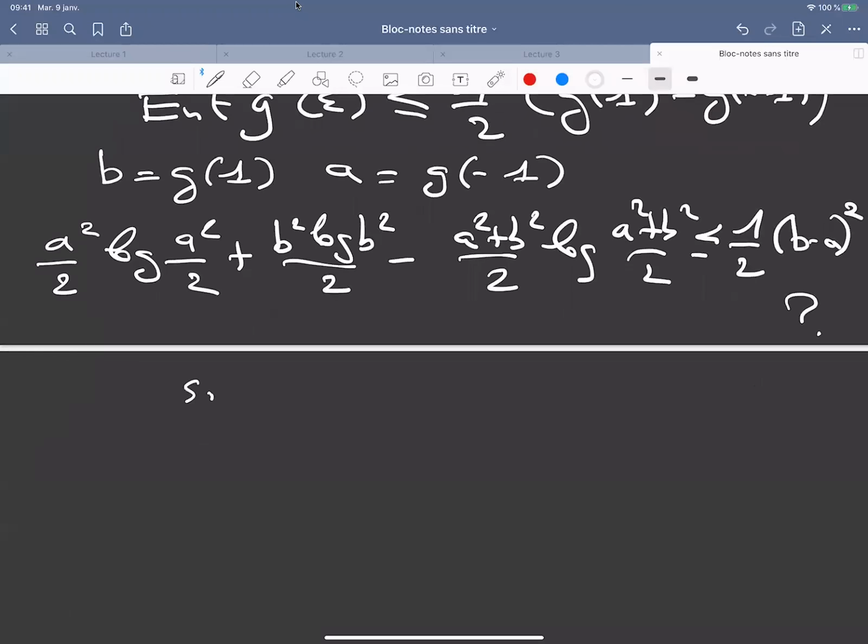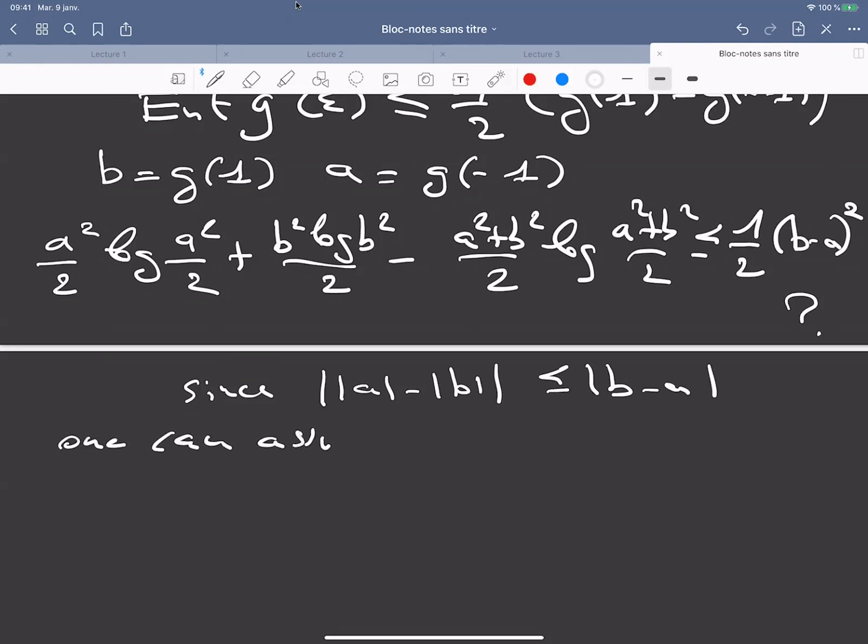Now, since the absolute value of the difference between a and b is less than the absolute value of b minus a, you can always assume that a is non-negative and b is non-negative.